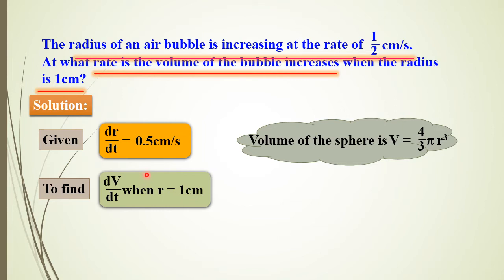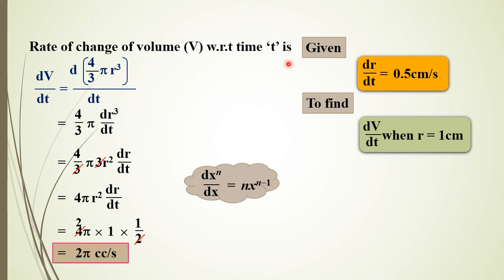This is the question. Its solution is so simple now. Differentiate V equal to 4 by 3 pi r cube with respect to time. So dV by dt is equal to d by dt of this full term. In this term 4 by 3 pi are constant terms, you take them out of the differentiation. So the r cube differentiation will be 3r square.